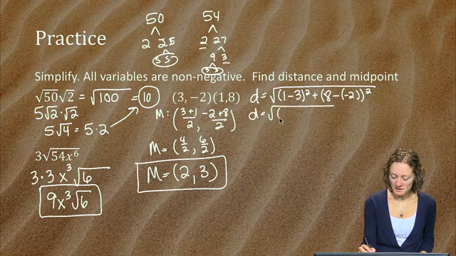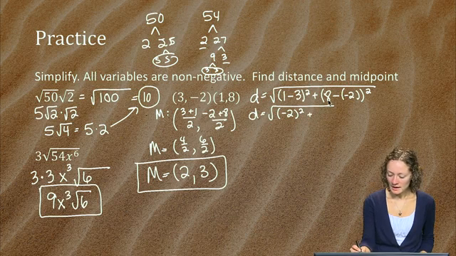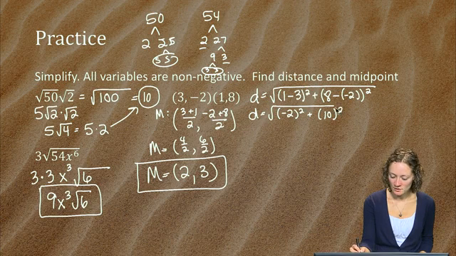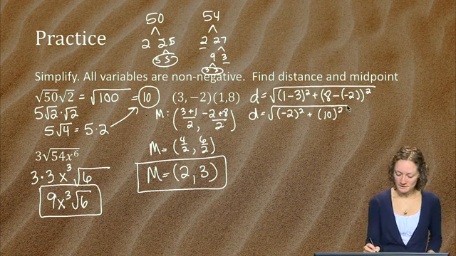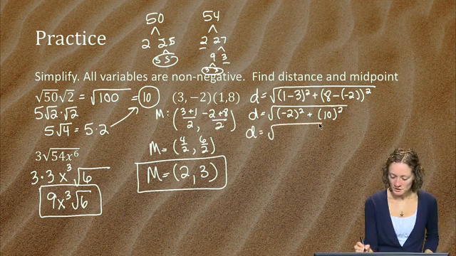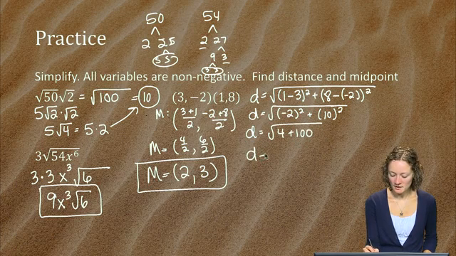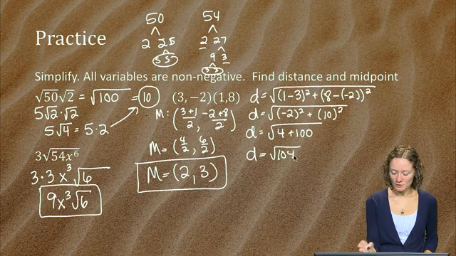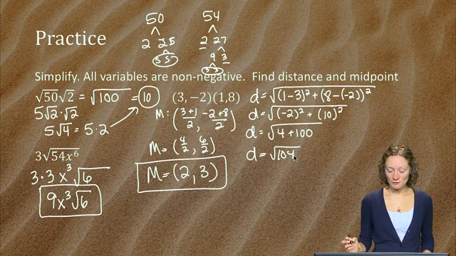So in each parentheses, 1 minus 3 is -2. 8 minus -2 is positive 10. Remember, minus negative turns to plus. Square each one, we get 4 plus 100. Add those together, 104. And then look for any pairs in there.